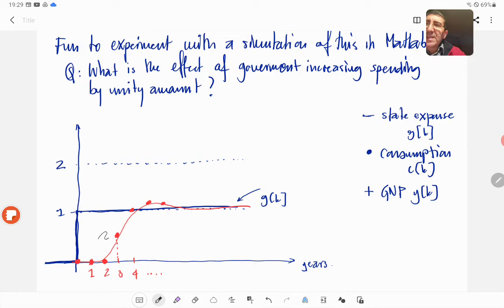The GNP just remains 0 for the 2 years, and then it just jumps to a higher value, keeps rising, overshoots, and then gradually settles into this value.